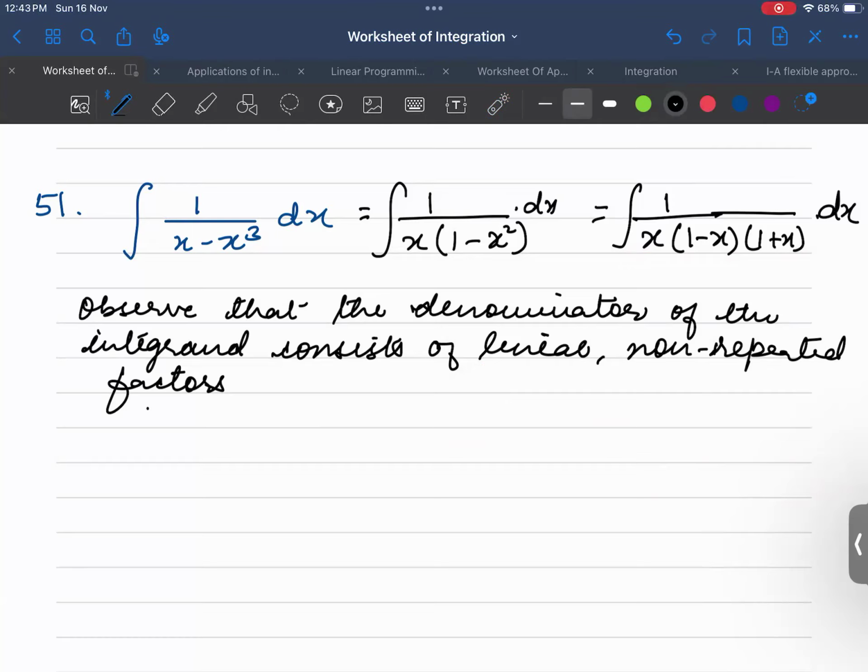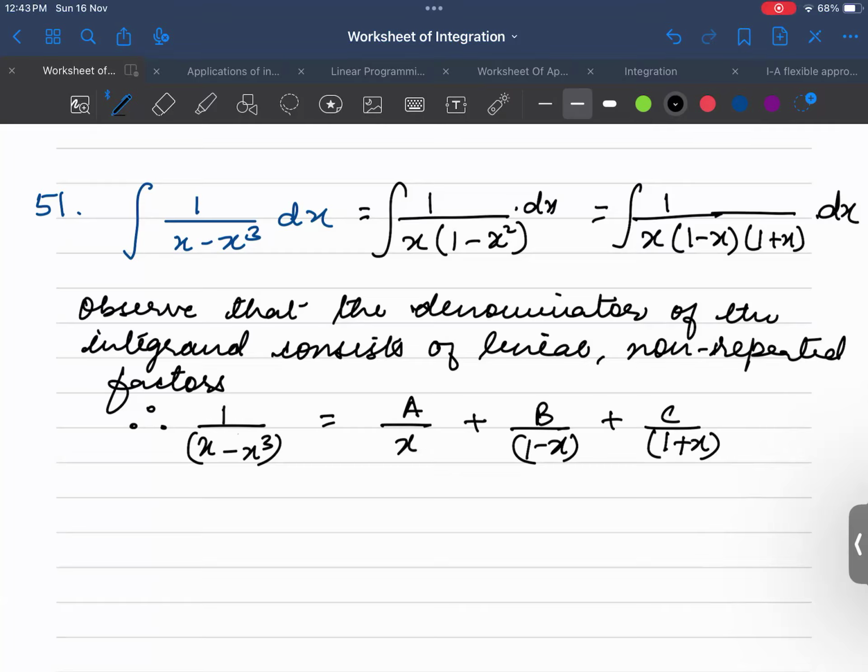So therefore, I can write 1 upon x, 1 minus x square, or simply x minus x cube, equals a upon x plus b upon 1 minus x plus c upon 1 plus x. And they all are non-repeated and linear. Now solve it.